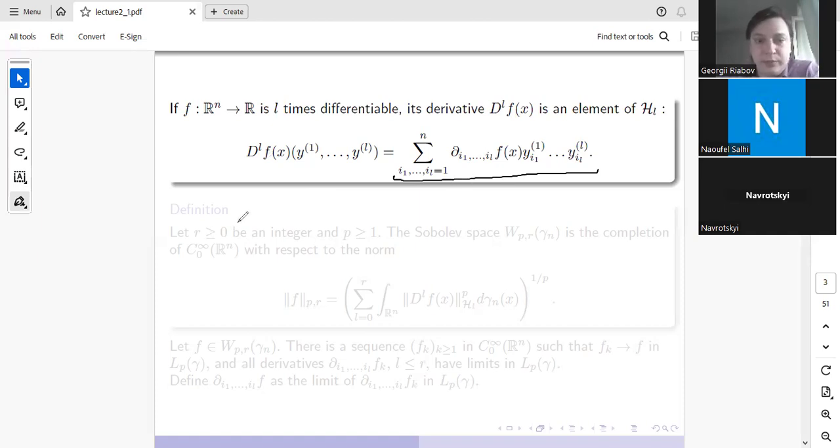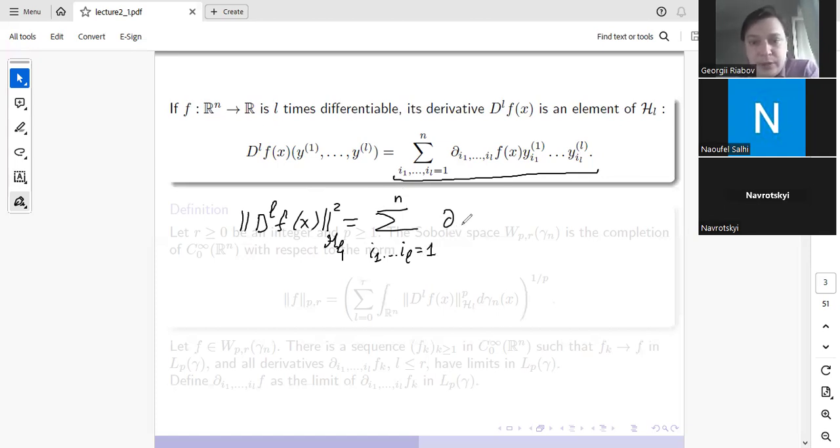In particular, if we consider the norm of d^L f of x squared, I mean this Hilbert-Schmidt norm, it will be the sum over all i1, ..., iL from 1 to n, of the partial derivative with respect to coordinates i1, ..., iL of f of x, squared.